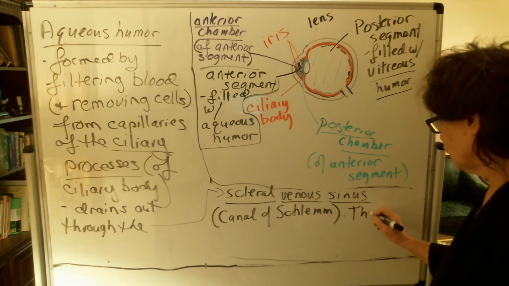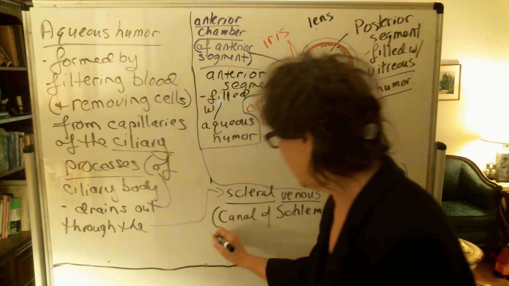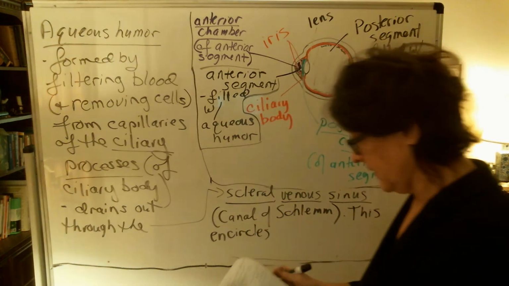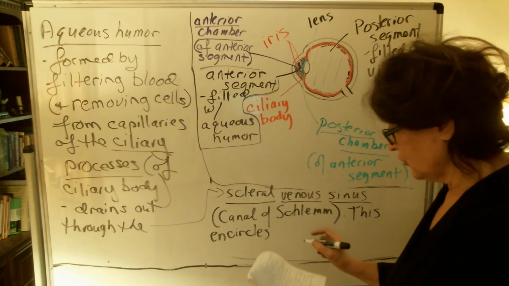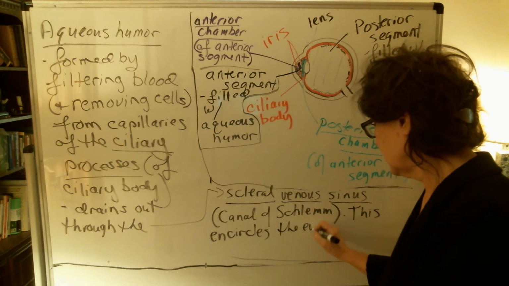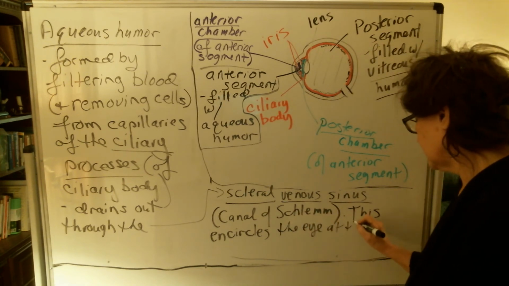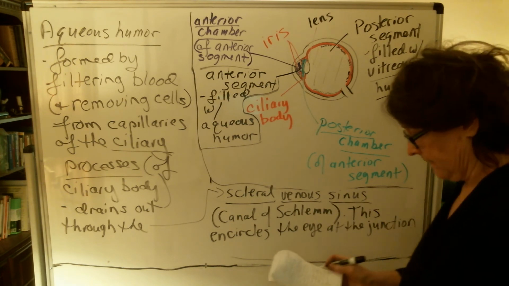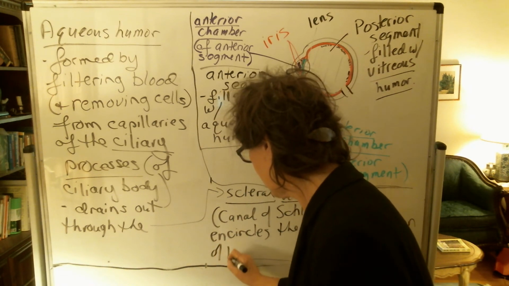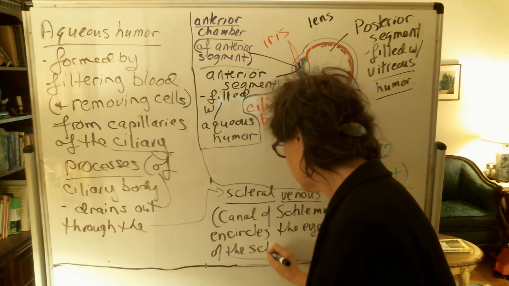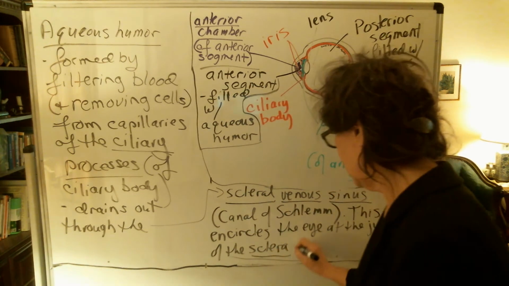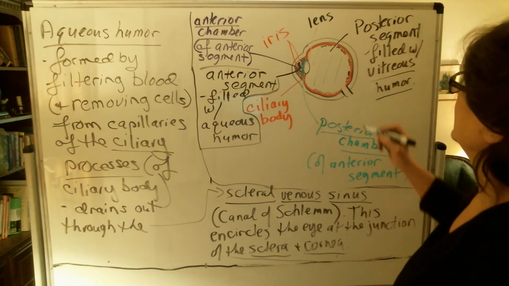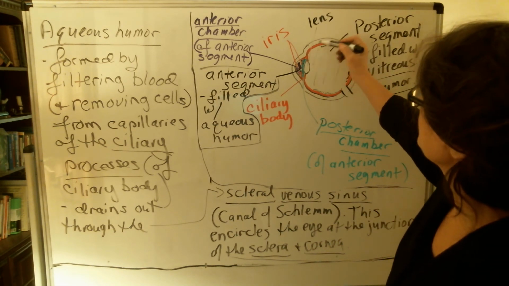And this drain basically encircles. This is kind of an interesting shape to think about, but this drain then encircles the eye at the junction of the sclera and the cornea. So you know where the sclera is, that's here.